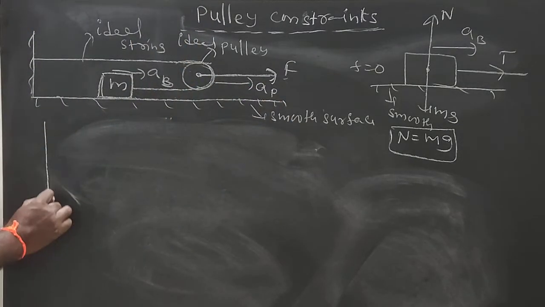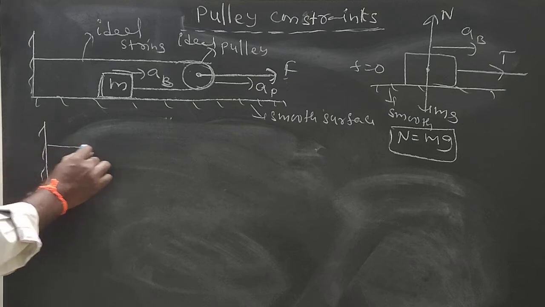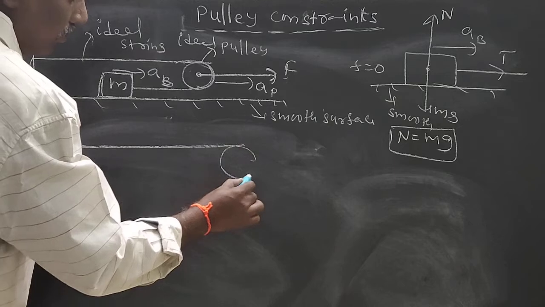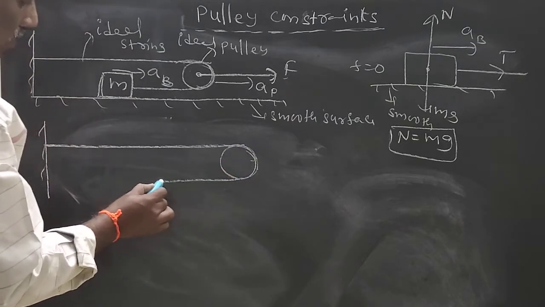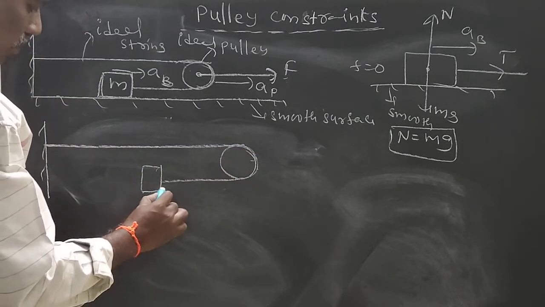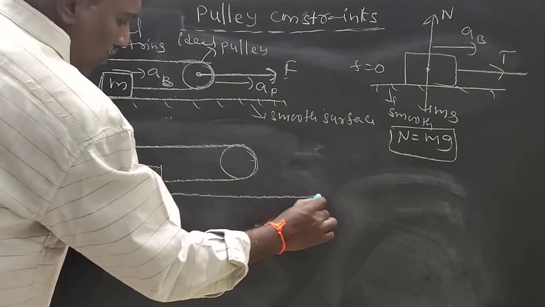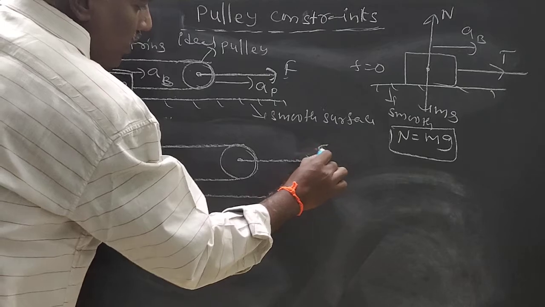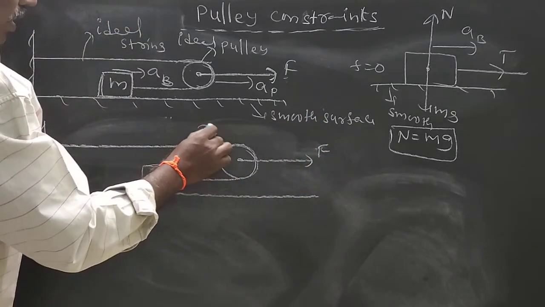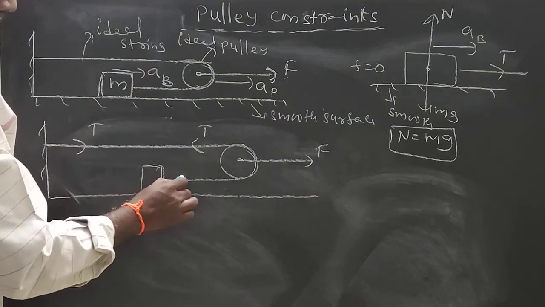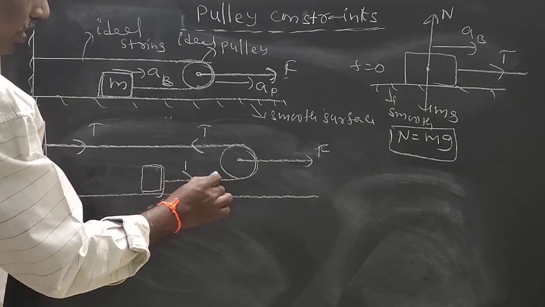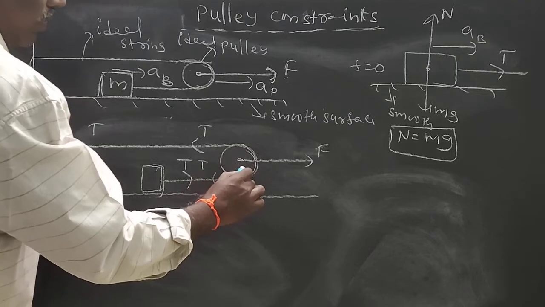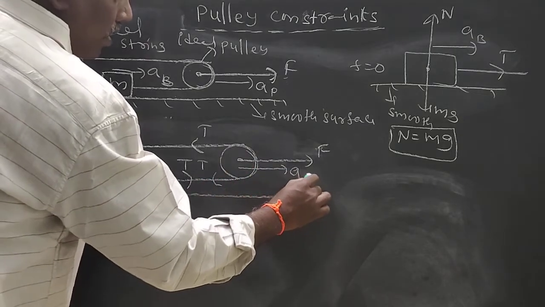Here force F is applied. Here tension T on each side. Acceleration of pulley is AP.